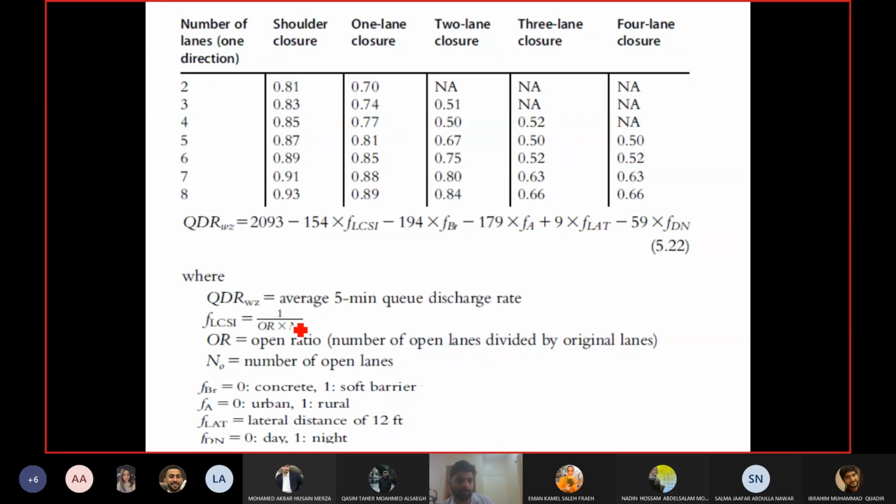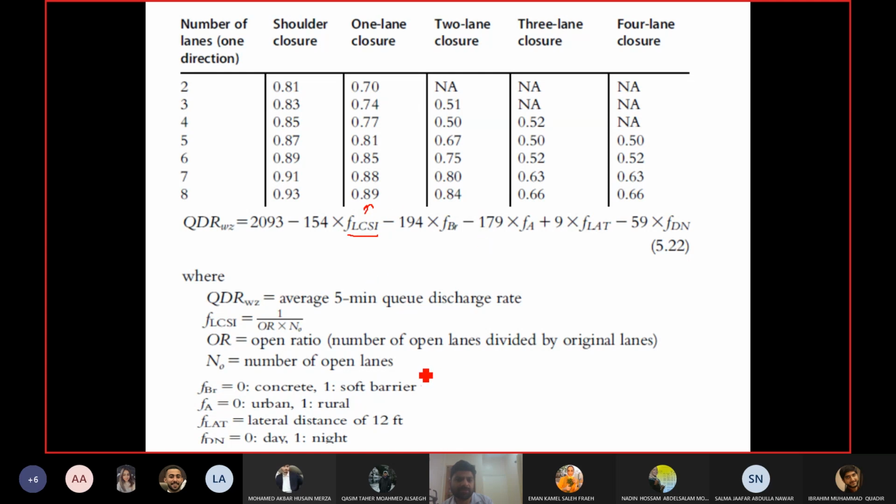Then we have the other factors: FBR, FA, F for lateral clearance, and FDN for day and night. These are the values for FLCSI, because it only depends upon N naught and the open ratio.